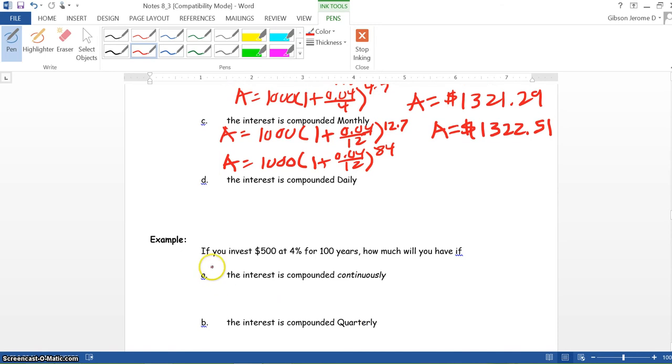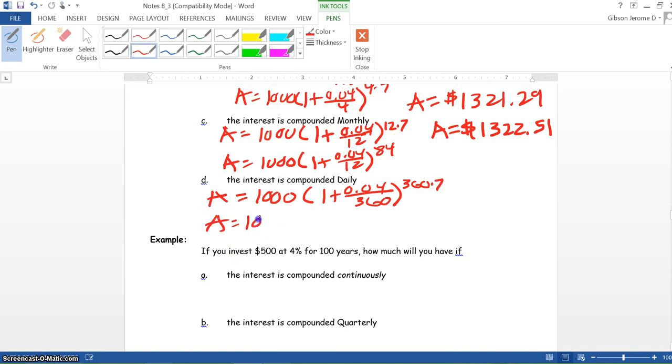Now we go here to D. The interest is compounded daily. Now typically with banks, they consider daily to be 360 days. So we will use the same formula, but this time we will use days. So it'll be 1,000 times 1 plus 0.04 over 360. And then our N is 360 and our T is 7.